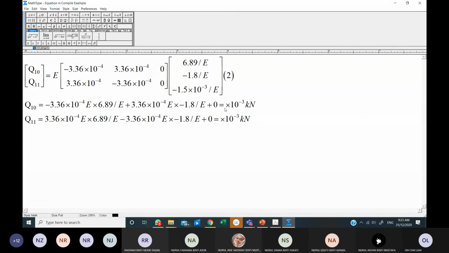Negative 2.91. Negative 2.92. Have any power or not? Yes, power of negative 3. Okay, next one is positive 2.92, power of negative 3. Yes.